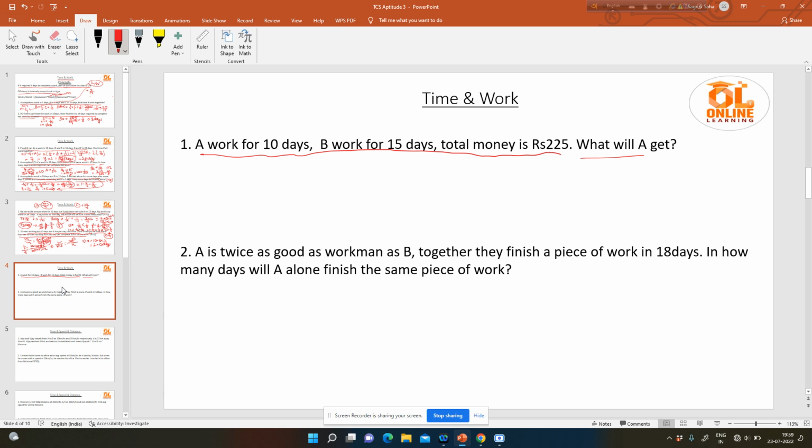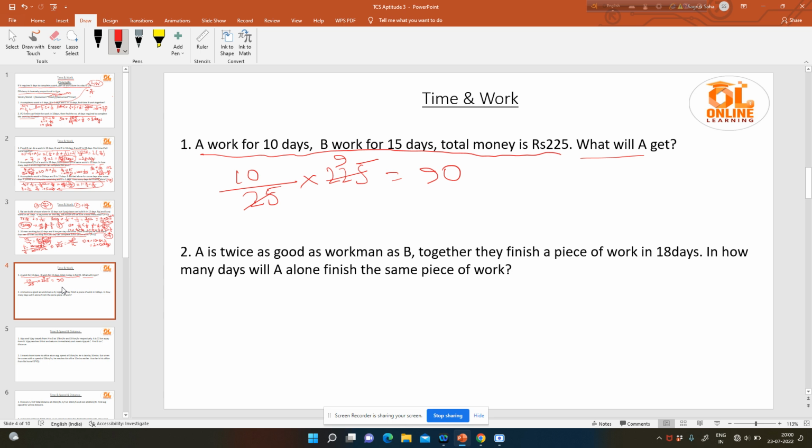So A works for 10 days, and what are the total number of days both work? That is 25. And what is the total money? 2 to 5. We have seen this concept in ratio and proportion, right? So 25 by 9, 10 into 9, 90 rupees. So what will A get? 90 rupees. Okay.